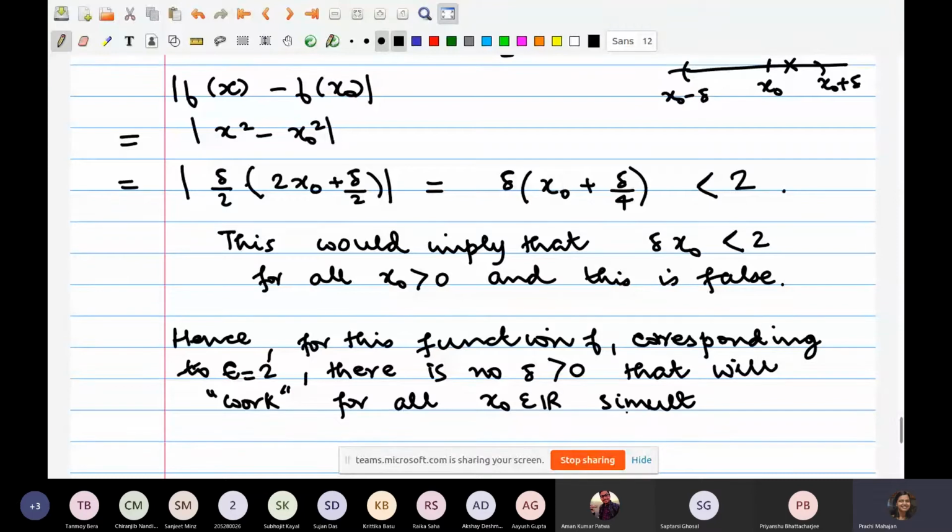This is what we have shown. The same delta does not work for each x naught as x naught varies through the real line.